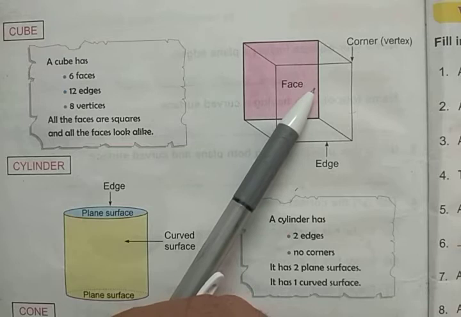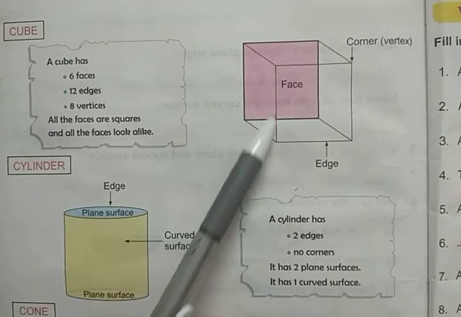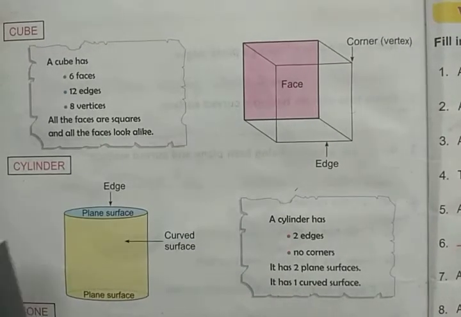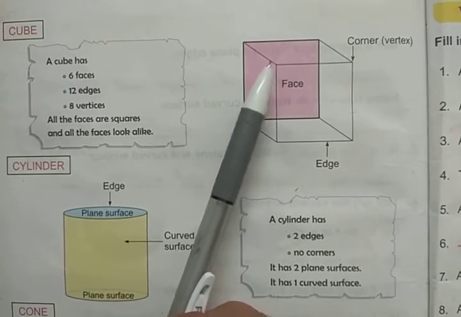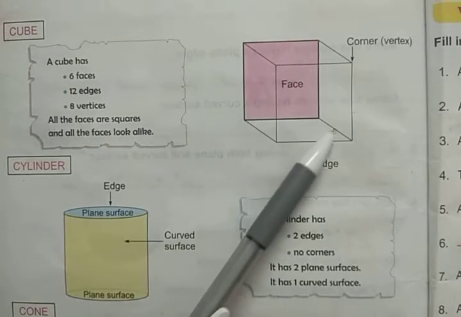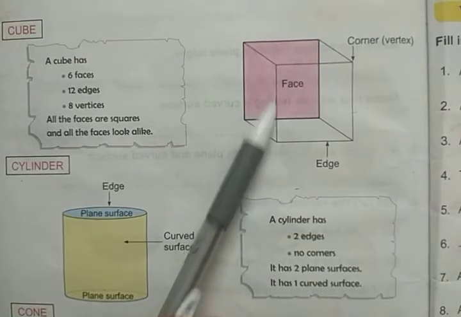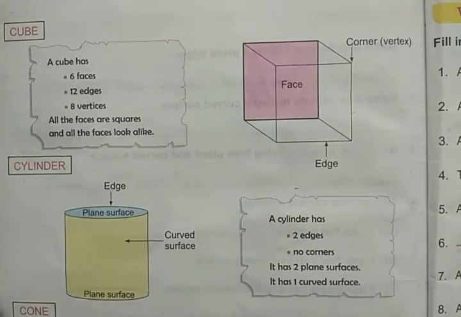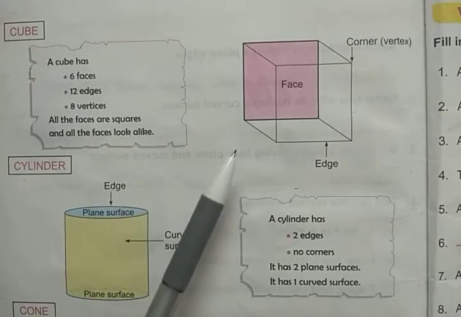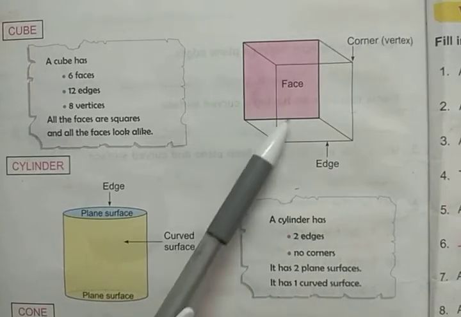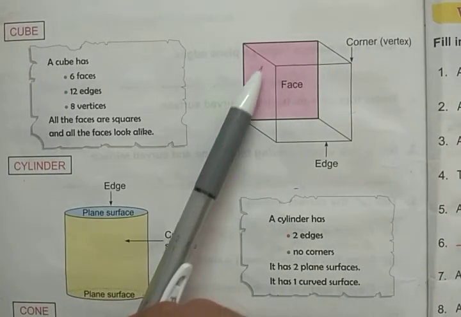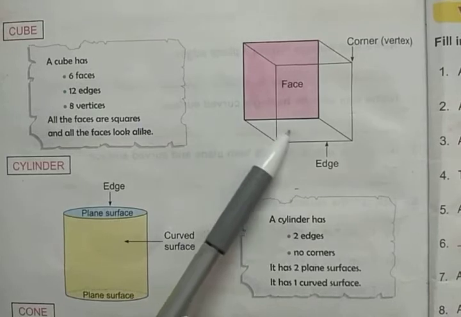But the faces of a cuboid are rectangular. The faces of the cuboid were rectangular in shape, but the faces of a cube are square in shape because its length, breadth and height are of the same length, right? And all the faces look alike.